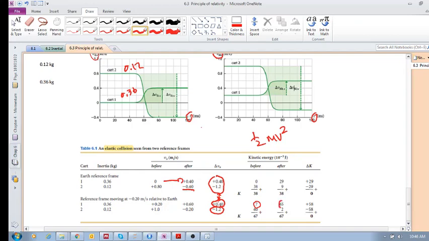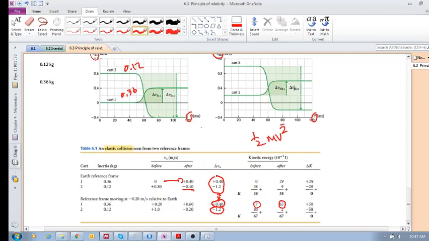We understand that we'd get different kinetic energies, but look at the delta Ks. Can you see that the delta Ks are different? Here, the delta K for cart 1 was plus 29, and here the delta K for cart 1 is plus 58.